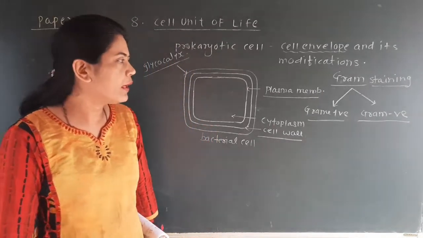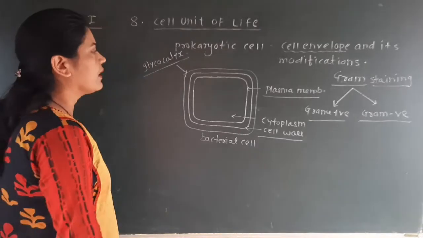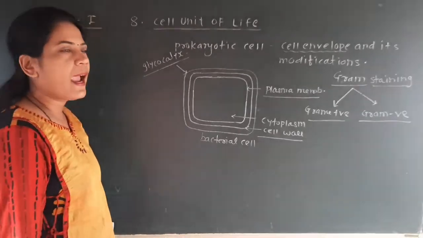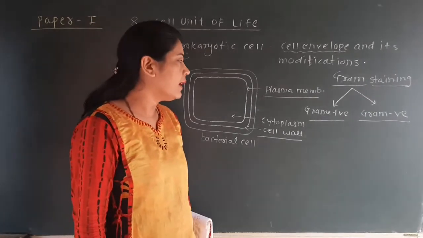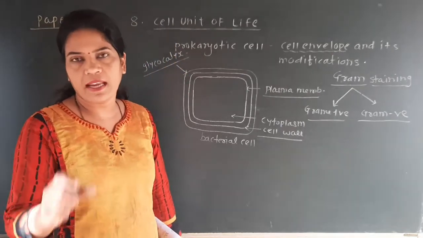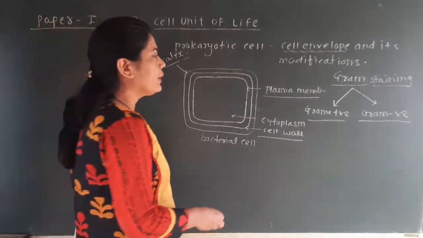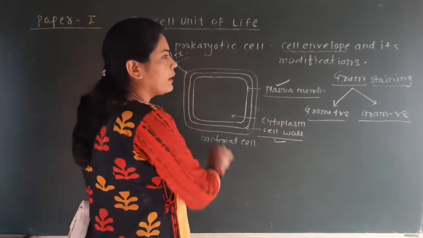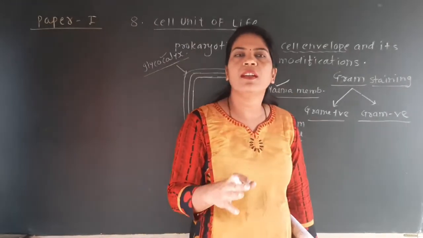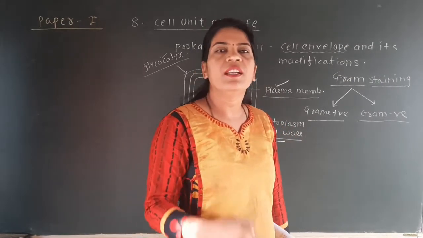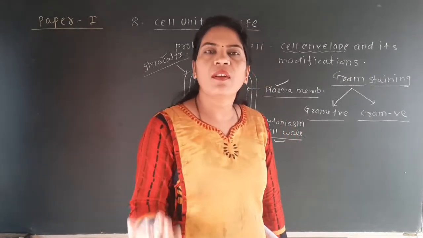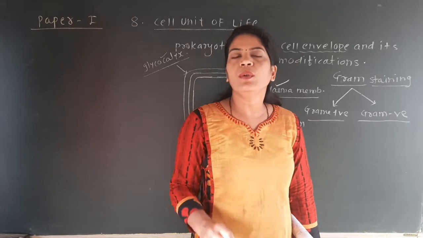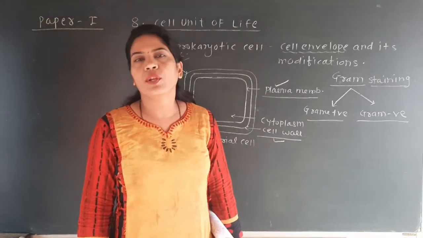Okay, here we are discussing the cell envelope, and in that we have to see the role of each cell envelope layer. Even though the cell envelope has a different structure, different composition, different function, they all together act as a protective unit.